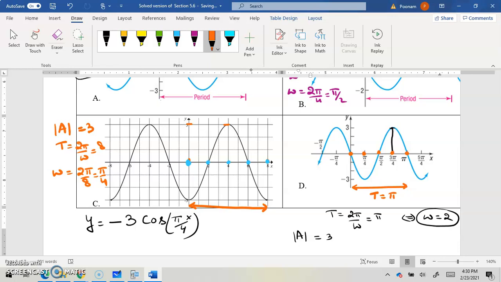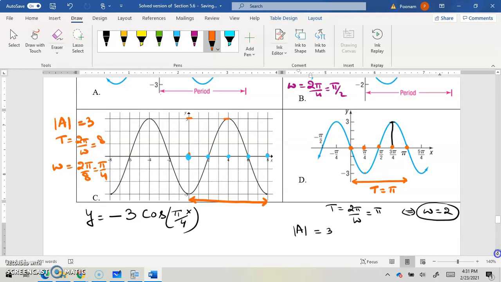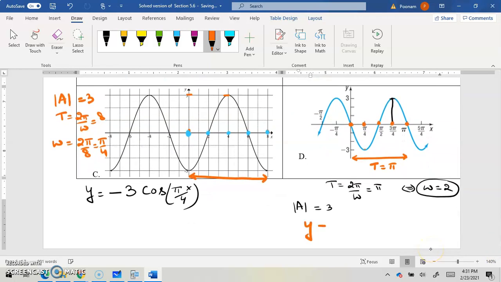So that looks like a sine curve, the first observation. Second, at the second key point, usually sine curve is maximum, but it is at the lowest value. That means it is reflected. So equation is negative 3 sine omega x, omega is 2. So this is the equation of this last curve.